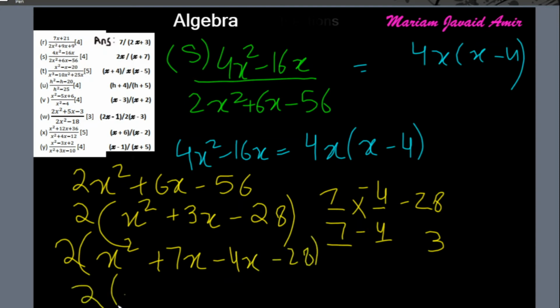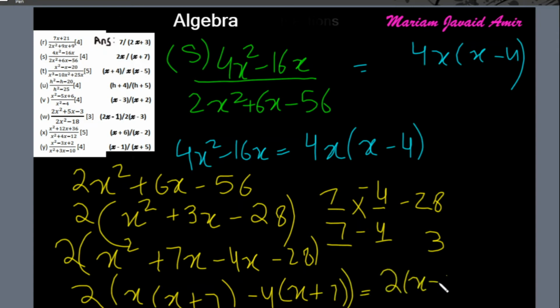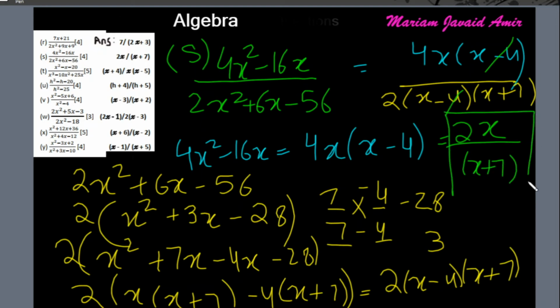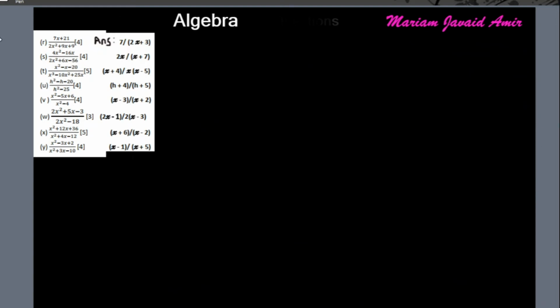Then in the first 2 terms x is common, in the next 2 terms minus 4 is common. So in the end we get 2 times x minus 4, x plus 7. So write this here, 2 times x minus 4, x plus 7. In the end the 2 and 4 get cancelled and we're left with 2x in the numerator, and in the denominator we're left with x plus 7. Answer for part S.